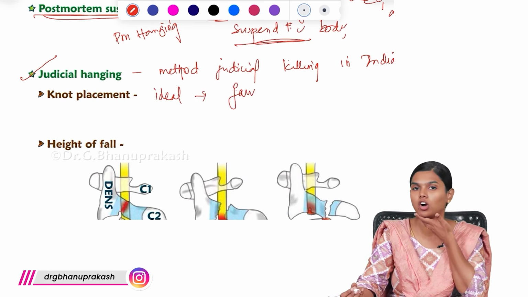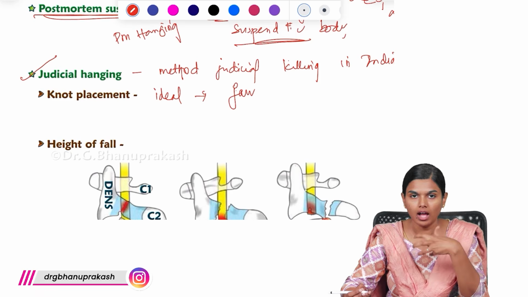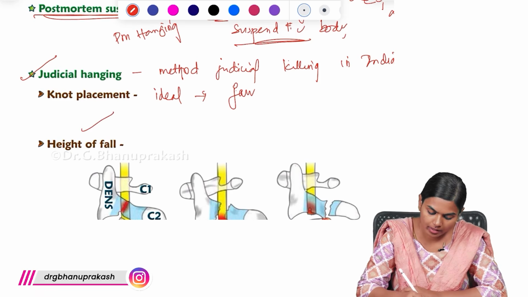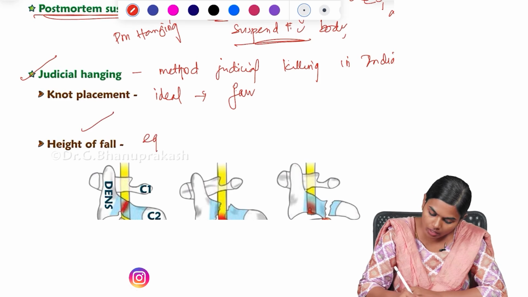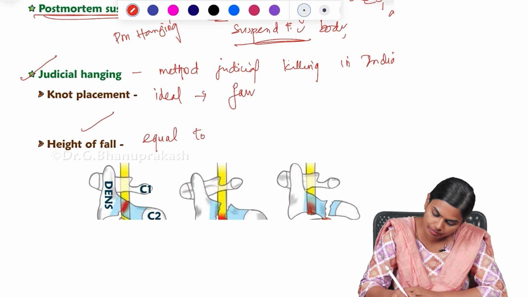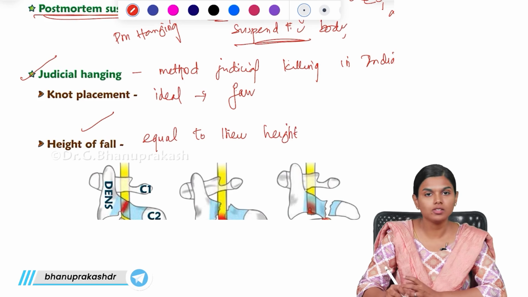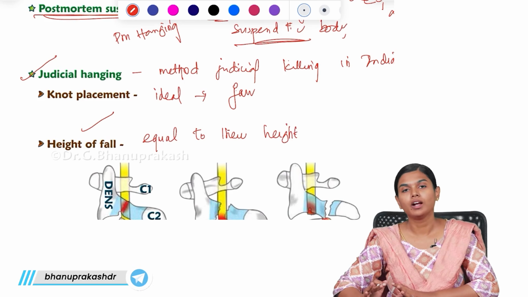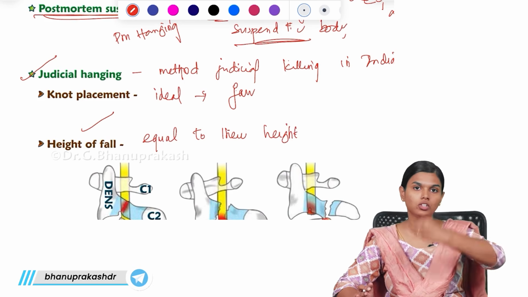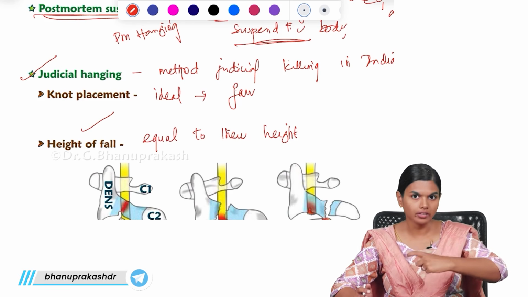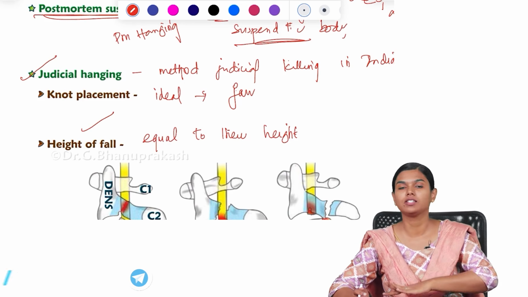So beneath the jaw they will place the knot and they will let the person fall equal to their height. So if a person is 160 centimeter high, what they will do is the length of the rope they will make it so long that they will fall for this 160 centimeter.